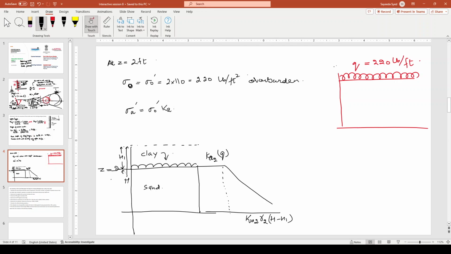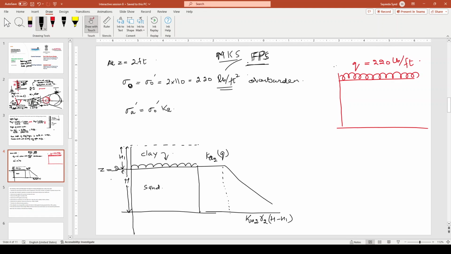This is lb, pound per feet square. This is not the metric system that we are used to. This is the FPS system, feet pound second. We use the MKS system, meter, kg, and second.